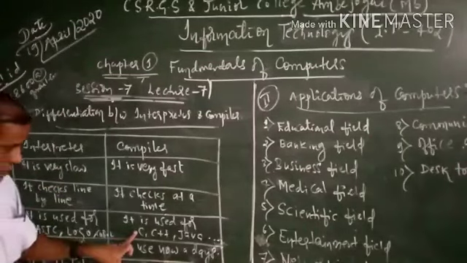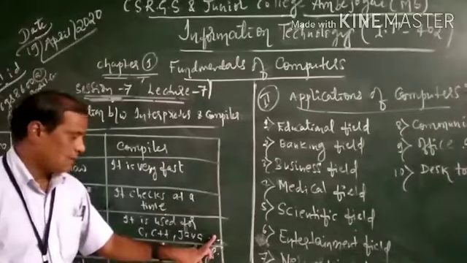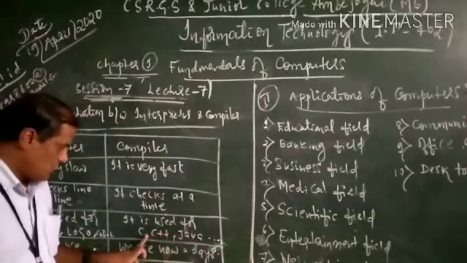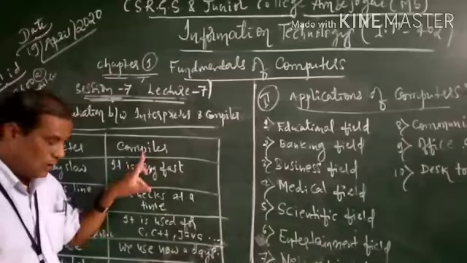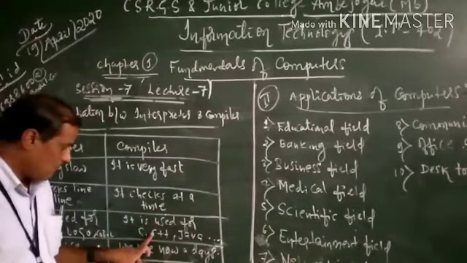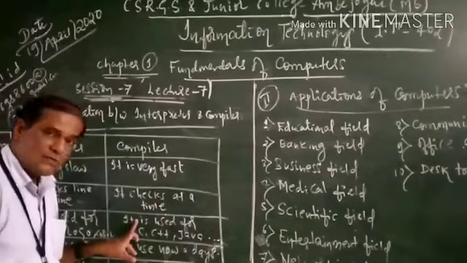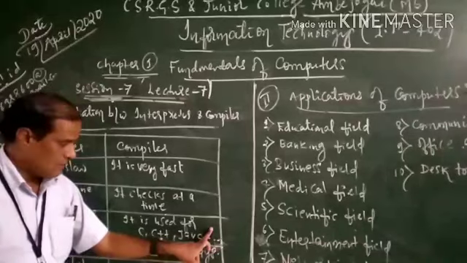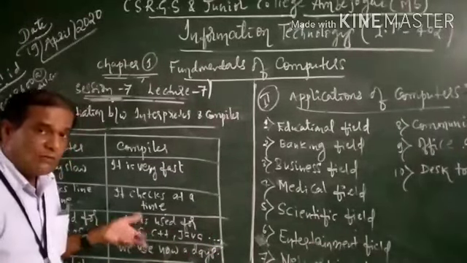In companies we use C, C++, Java, VB, VC and so on. That is why we must need the compiler, to compile our program. It converts HLL into MLL and vice versa. The input is in terms of HLL, the output will be in terms of ones and zeros, and that output must be converted back into HLL so that we can understand and confirm whether our result is correct or not.